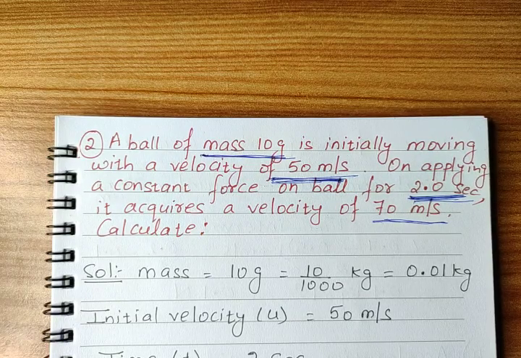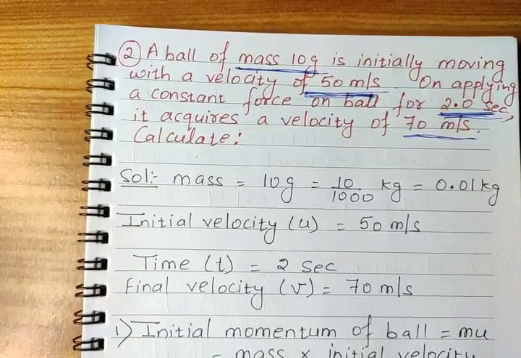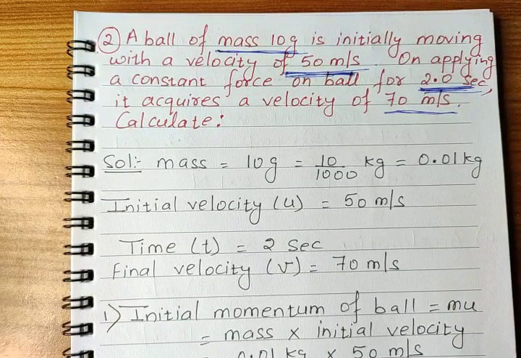Before finding it, children, whenever you do any sums, mathematical or physics numericals, first you have to analyze what is given in the question and write it down. Only after writing, you start calculating. Clear?